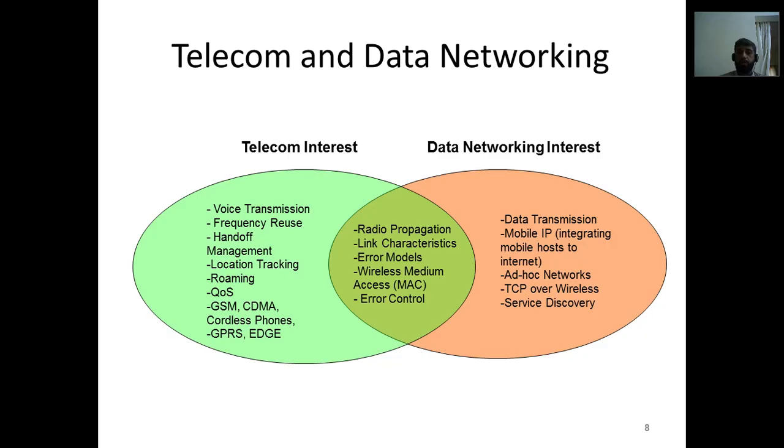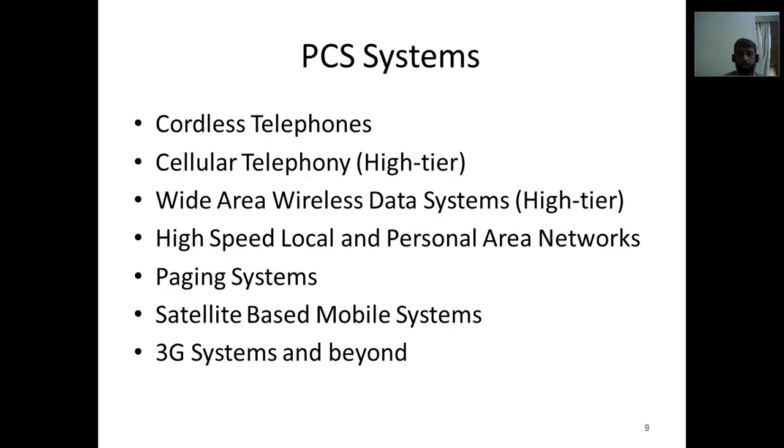We talk about the errors that are occurring in those transmissions, or how we can control those errors. We talk how we can access the wireless medium, and similar questions are discussed. So basically there are two sides of services, telecom and data networking, which are interrelated to each other. So of course in this course we will be discussing the services that are more related to the telecom side.